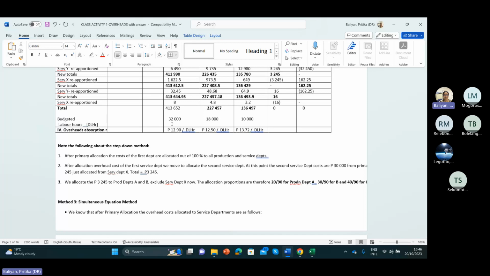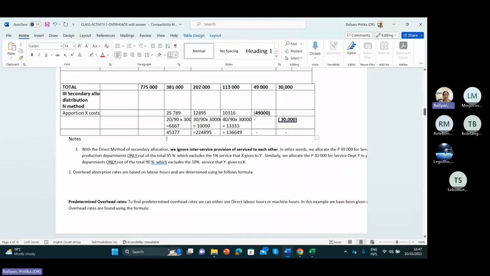So we just divide it by the direct labor hours. Suppose the total cost for A is 4, how much do we get? Sorry, I did not properly add this one. Can you hear me?